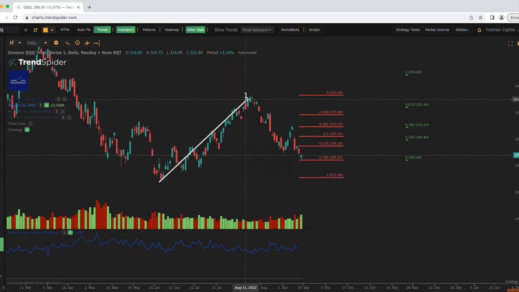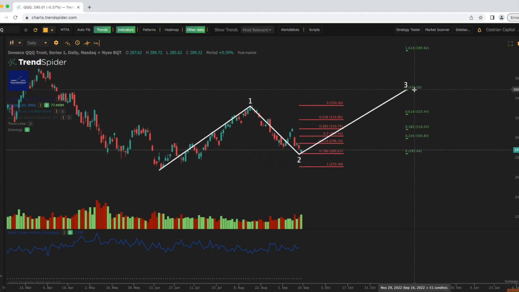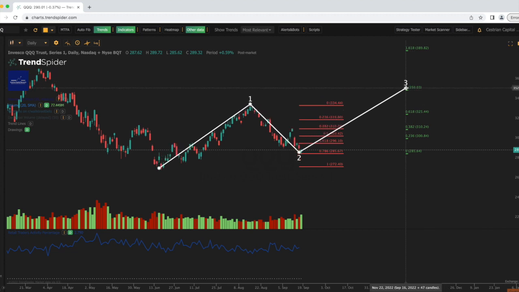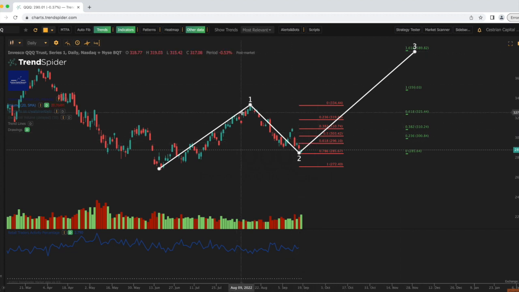larger degree now. So we've had a 1 up, a 2 down, and what we could now see is a 3 up that should peak at least 334, 335 above that wave 1 high, maybe at the 350 level, which will be the 100% extension of that wave 1, and there's no reason why, in fact, it couldn't reach as high as 389, which would be the 1.618 extension of that wave 1.